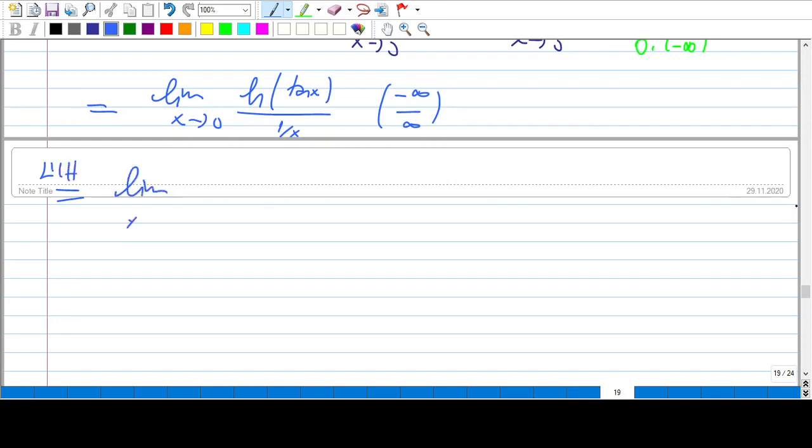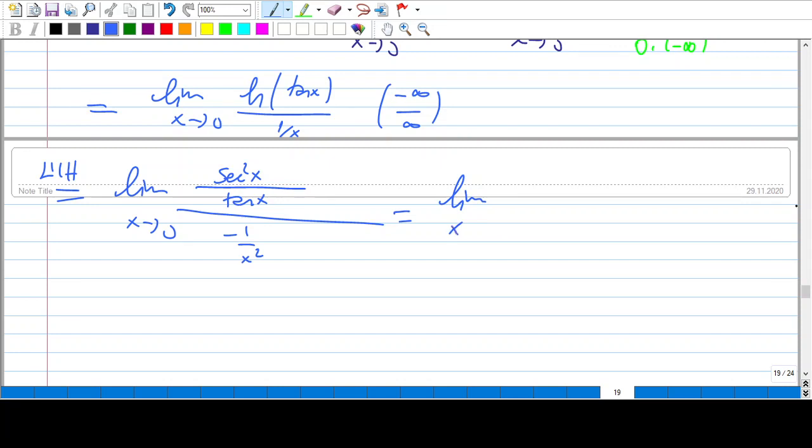Limit as x goes to 0, the derivative of tangent, which is secant square x, over tangent x itself, over minus 1 over x square. Let's see if we can find some result from here.